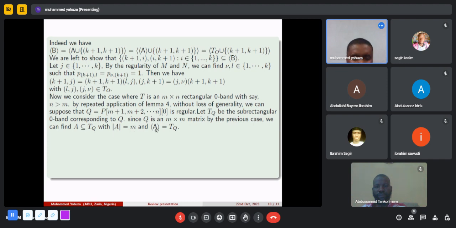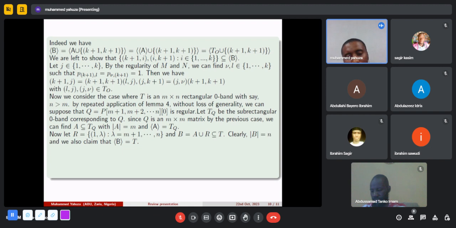And of course, A will generate TQ. Now let R be equal to (1, lambda) such that lambda is equal to m plus 1 up to n, and B is equal to A union R, a subset of T. So clearly here the size of B is equal to n. I will also claim that B generates T.